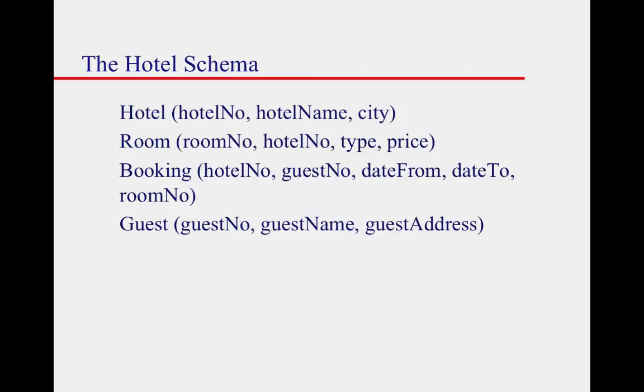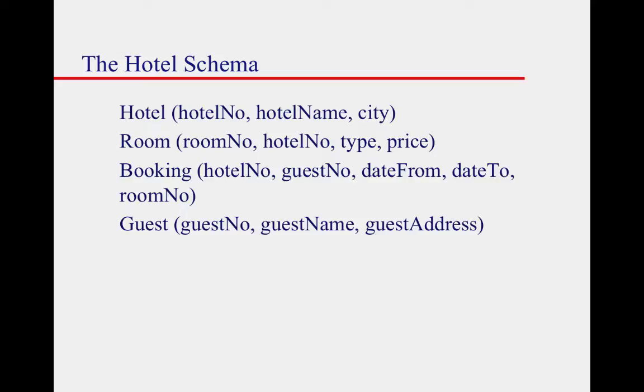So let's now take a moment and consider this schema. This is a database schema, the whole thing. Now, I did not give the domain for each of my attributes, so this is actually an abbreviated schema. For it to be a full-on schema, I would have had to list the domain of each attribute.